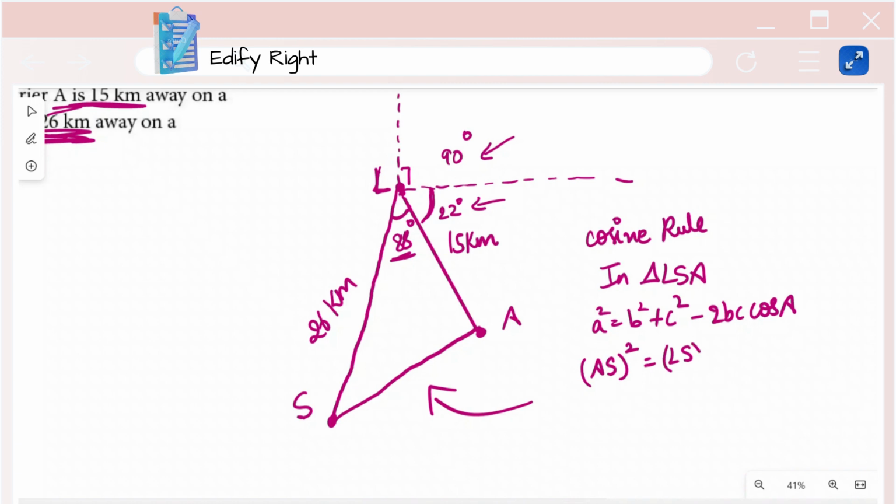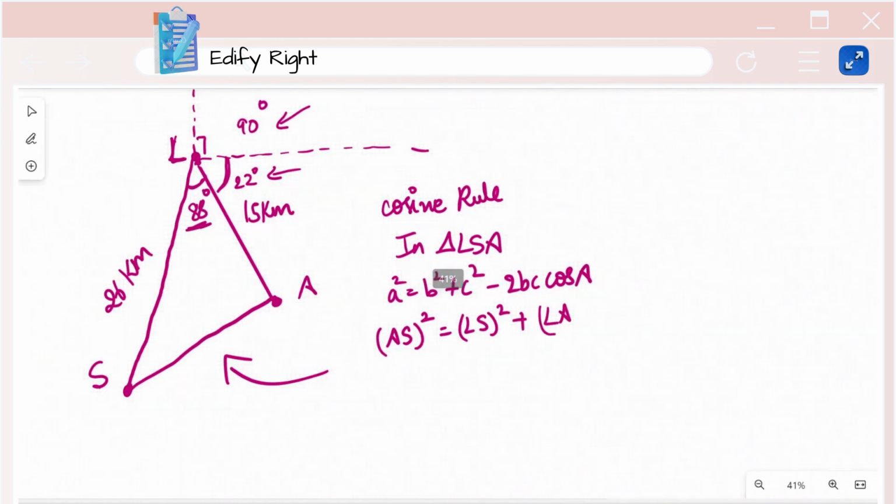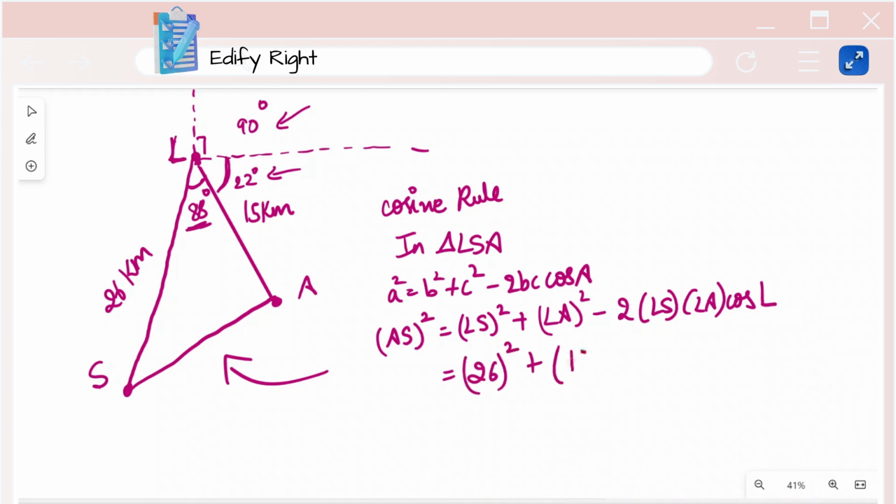AS squared equals LS squared plus LA squared minus 2 times LS times LA times cos of the angle between them, which is L. Now just put in the values. You get AS squared equals 26 squared plus 15 squared minus 2 times 26 times 15 times cos 88 degrees.